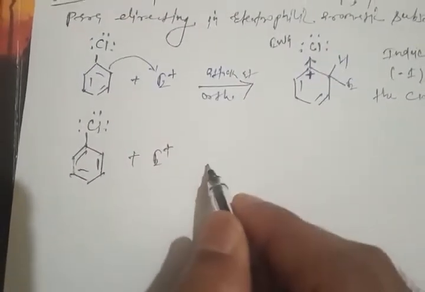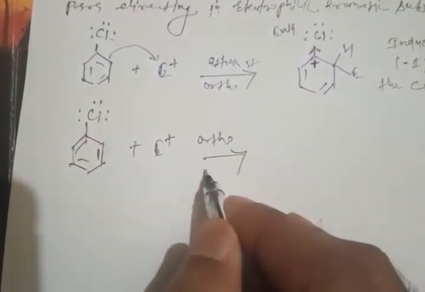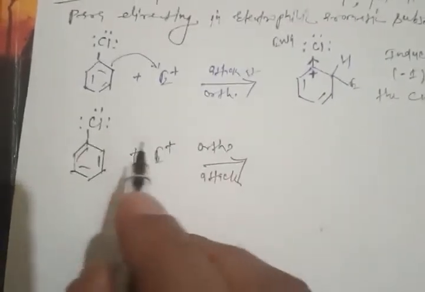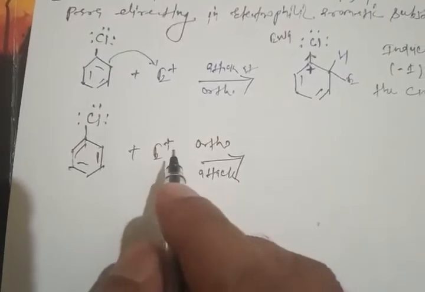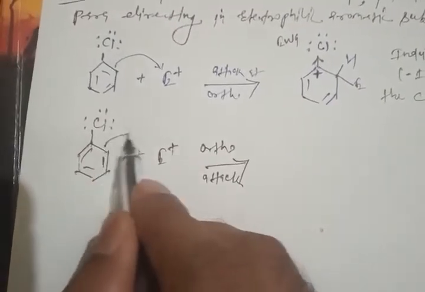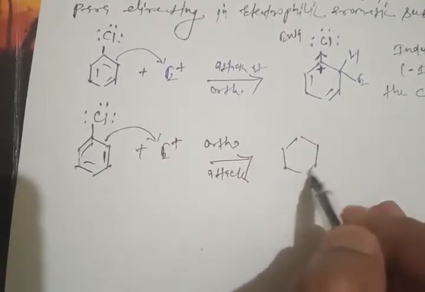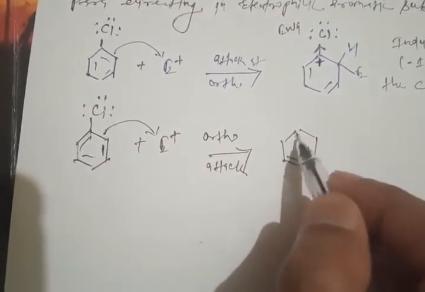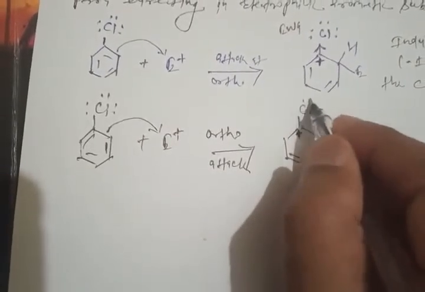I'm only taking the ortho attack, you can go for the para attack with the same pattern, there is no change. In this case, this will generate a positive charge, that means the cation, and this is the Cl.